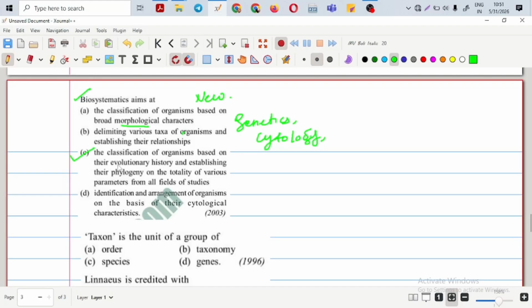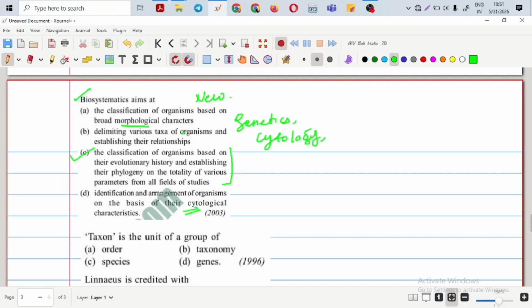The option, delimiting various taxa of the organisms and establishing their relationship. It is not just delimiting, but the third answer, option C, gives the correct answer. Option D is about arrangement of organisms on the basis of cytological characters.